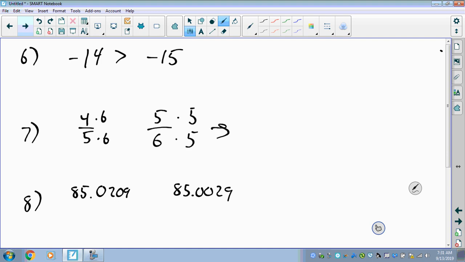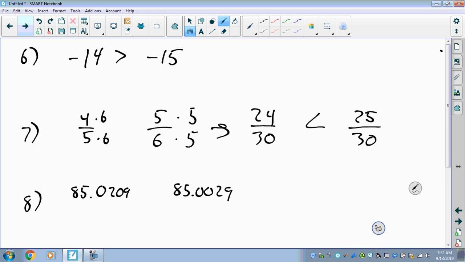That's going to yield us a new problem. That's going to be 24 over 30 and 25 over 30. Now they have a common denominator. You can pretty much ignore the denominators. 25 is bigger than 24. Done.